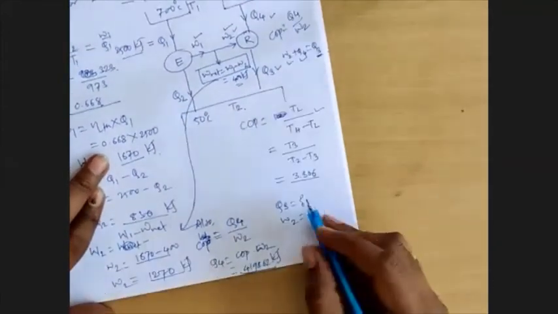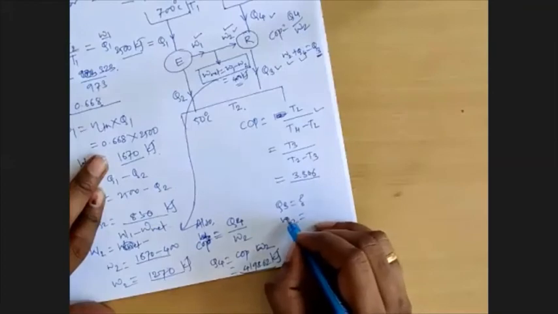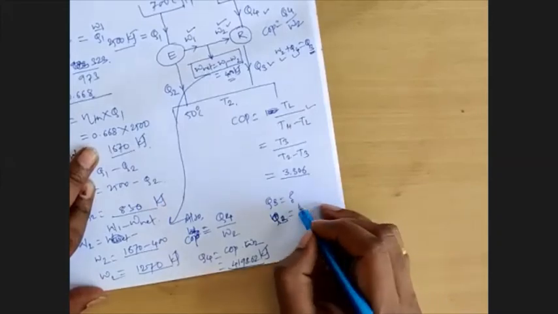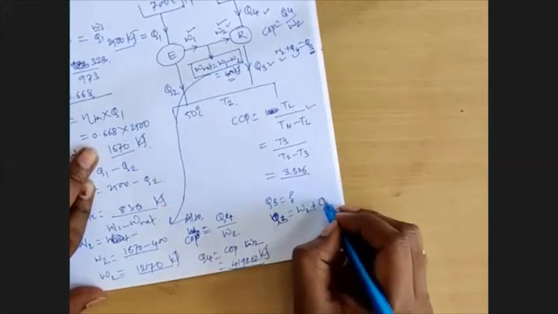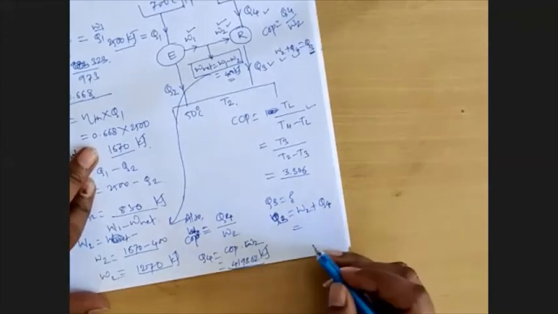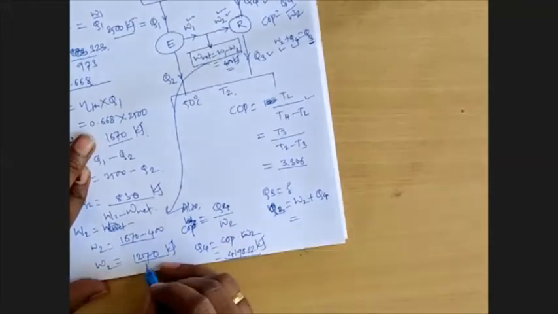So let's write the relation for Q3 directly. Q3 is equal to W2 plus Q4. Q4 is 4198.62 and W2 is 1270.